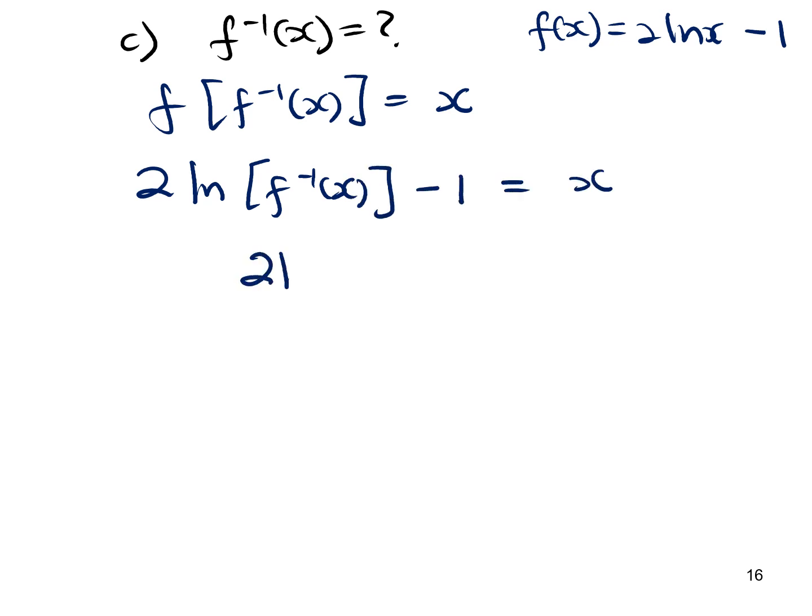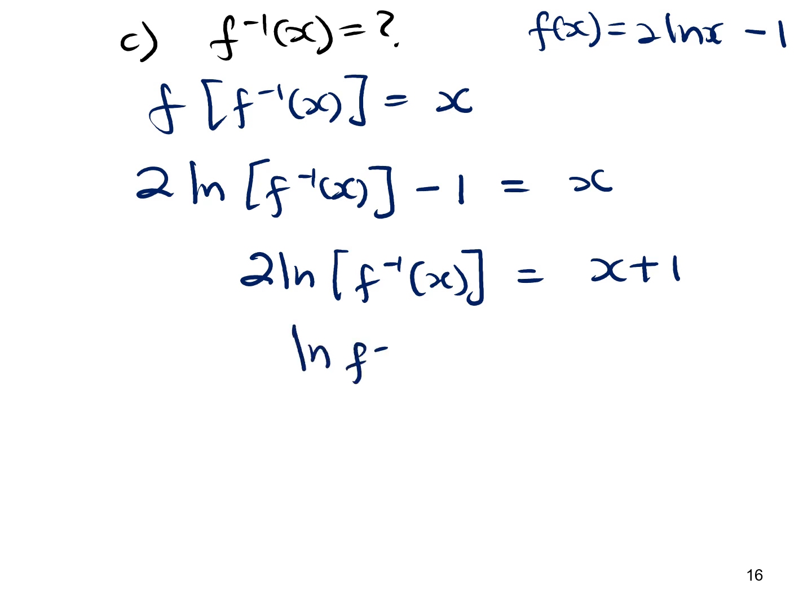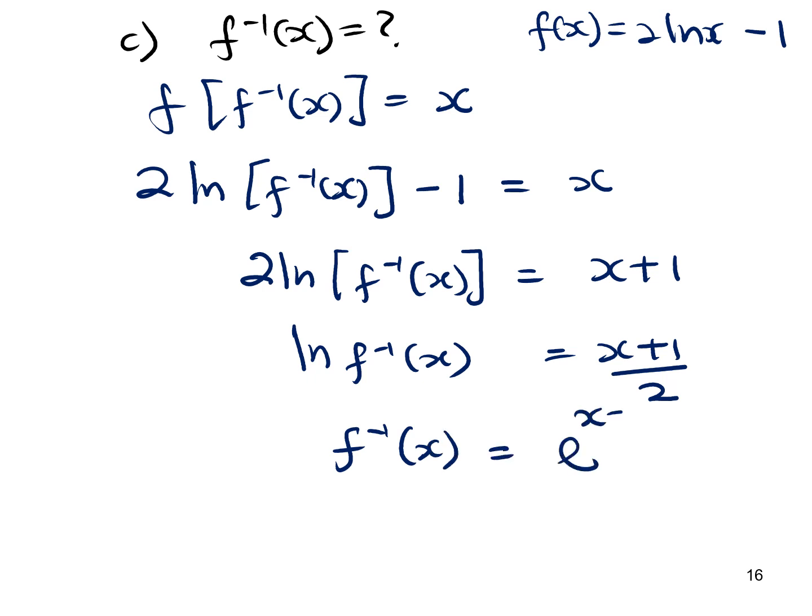So we have 2 ln f inverse x equals x plus 1, and divide by 2, x plus 1 divided by 2. Change it into index form. So you get e to the power of (x plus 1) over 2. So this is the inverse of the log function, which is the exponential function.